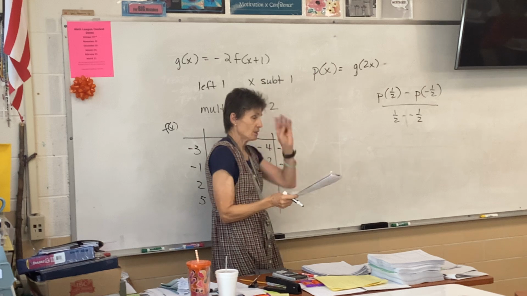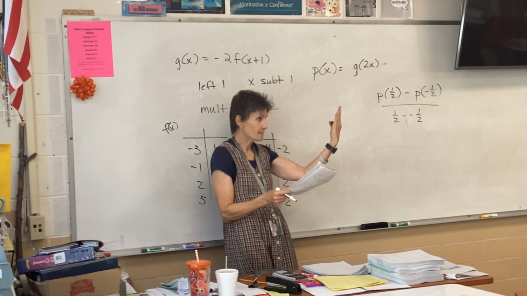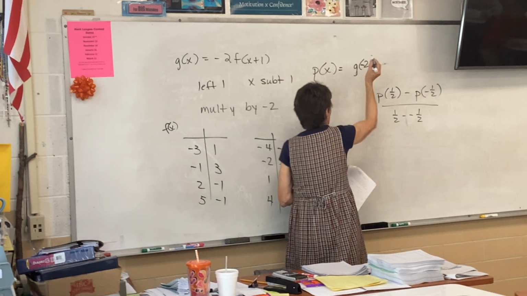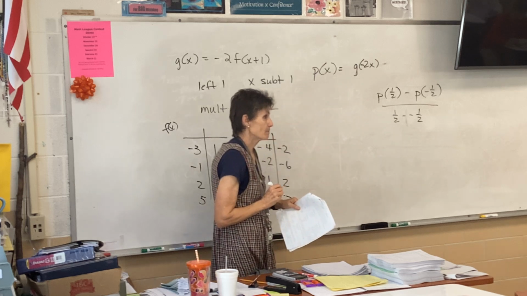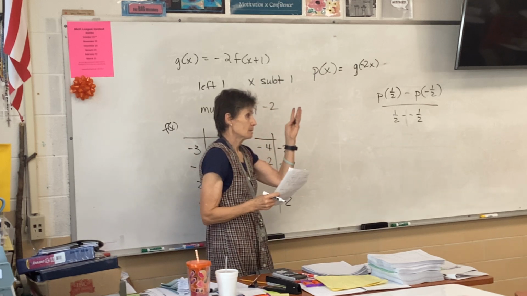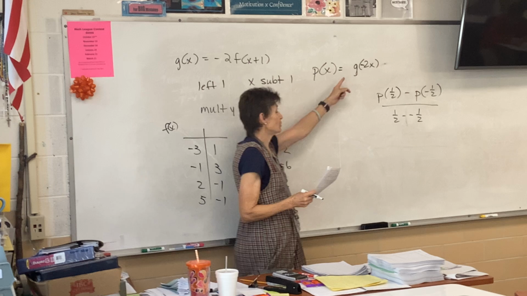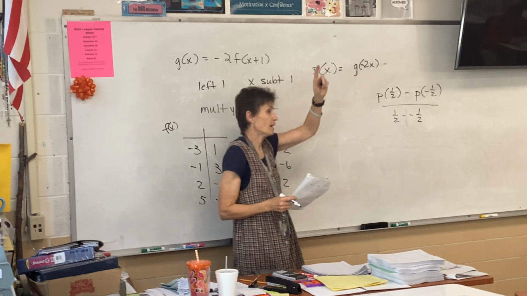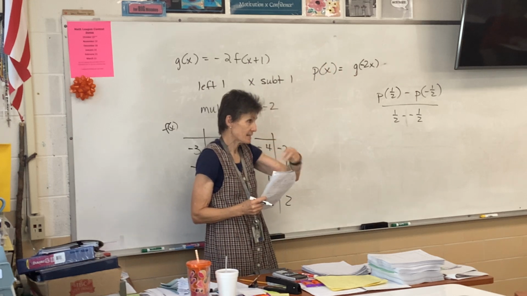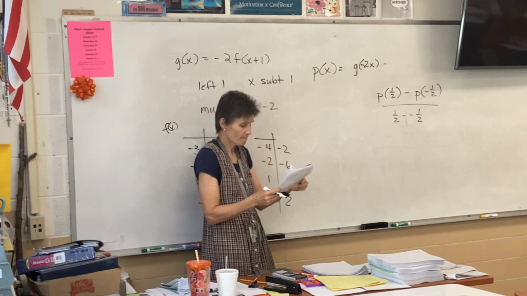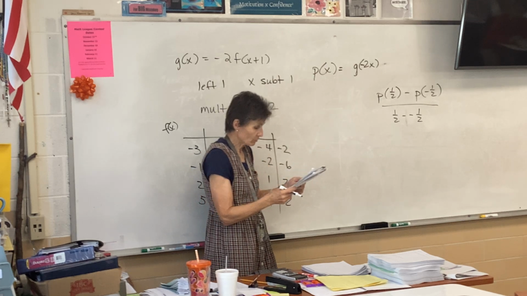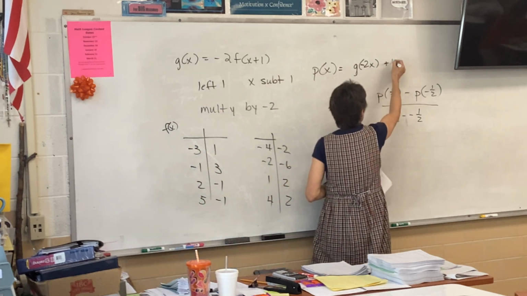A reflection over the y-axis. So that's actually a negative 2. Remember, if you put the negative out in front, Fred, that takes you upside down. That's the x-axis. Okay? And then vertical translation by 1.